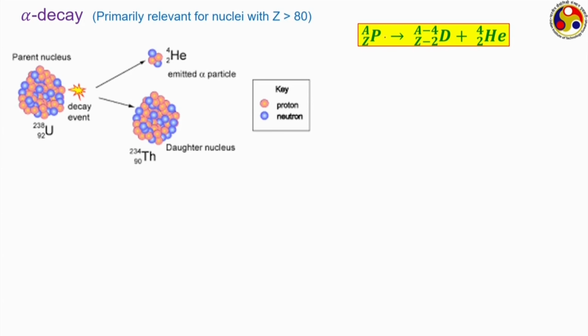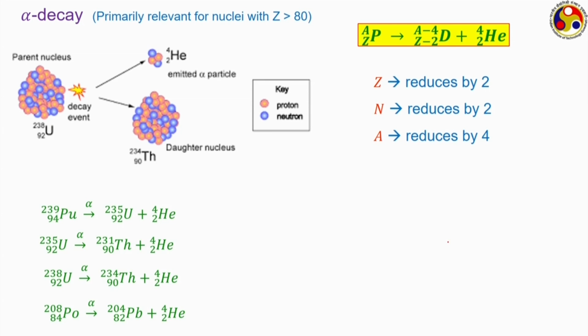If the parent has z protons and A minus z neutrons, then the daughter will have z minus 2 protons and A minus z minus 2 neutrons, giving a mass number of A minus 4, plus of course the helium. So, alpha decay leads to a reduction in z by 2, because 2 protons are going out, a reduction in the number of neutrons by 2, because 2 neutrons also go out with the helium, and therefore a total reduction of 4 in the mass number of this daughter isotope.